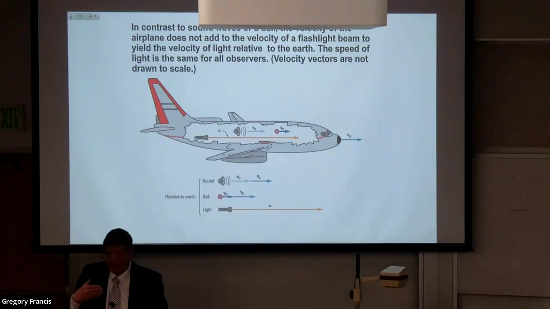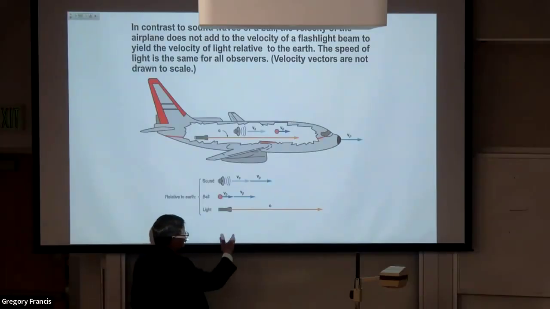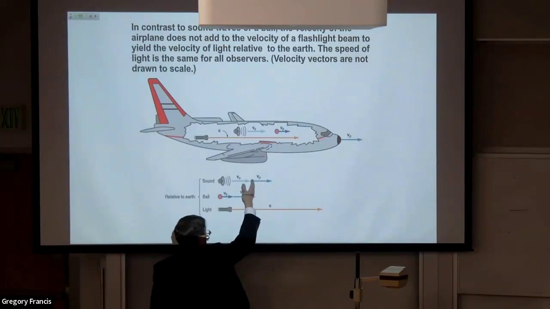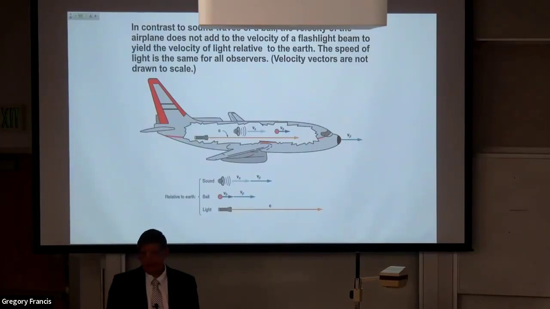Likewise, if I have a sound wave propagating from the back of the plane to the front of the plane, and it has to propagate through air, it needs a medium to wiggle, to wave. And what we find is that relative to the Earth, I have to take the speed of the plane and add it to the speed of the sound to get the total speed.